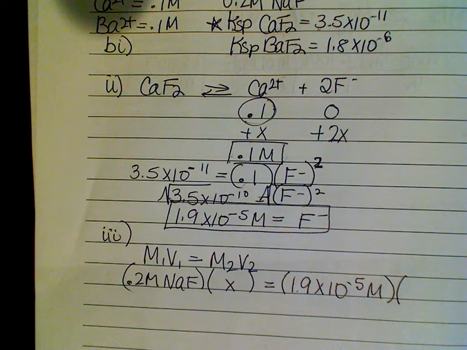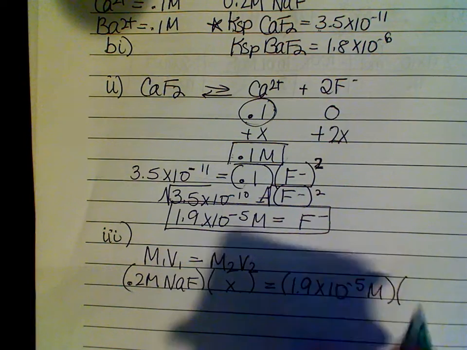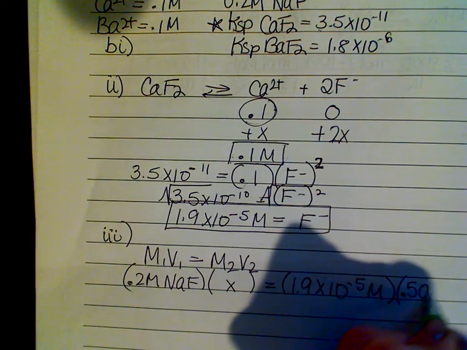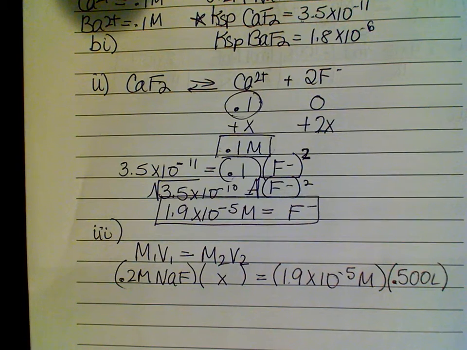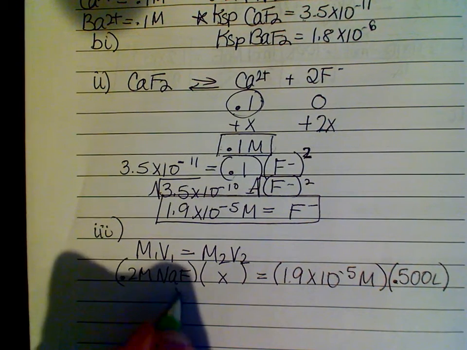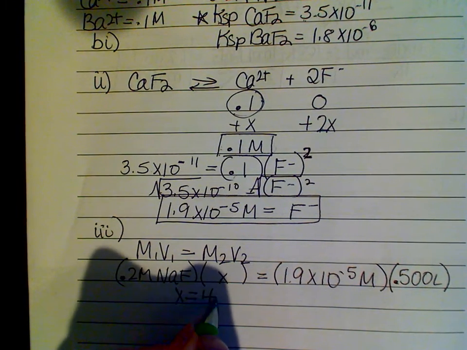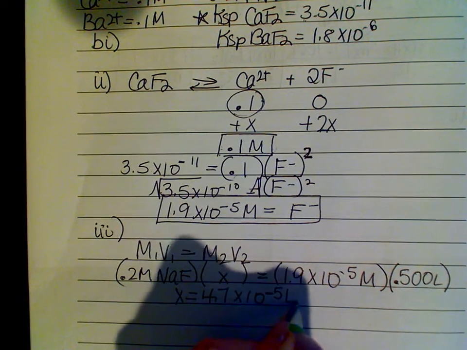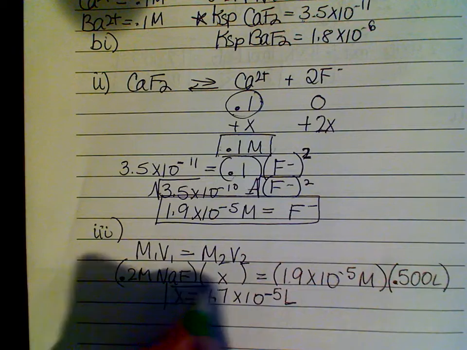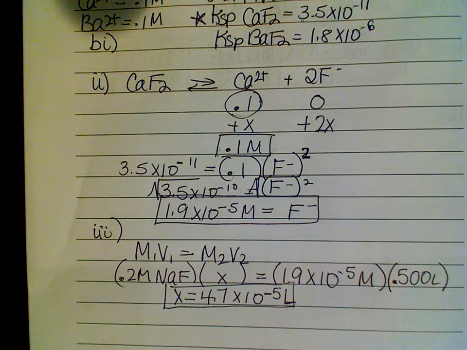So here it said, let's see at the top, does it say how many milliliters? Oh yeah, 500 milliliters. So we'll make that 0.5 liters. So again, that came from the stem. And then all you got to do is solve for X. X should be equal to 4.7 times 10 to the minus 5 liters, or 4.8, somewhere around there.